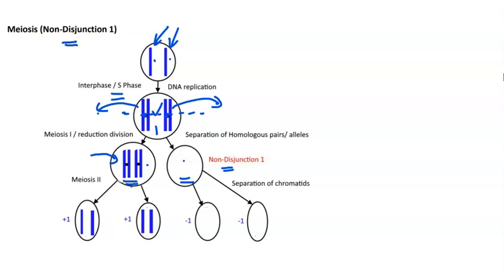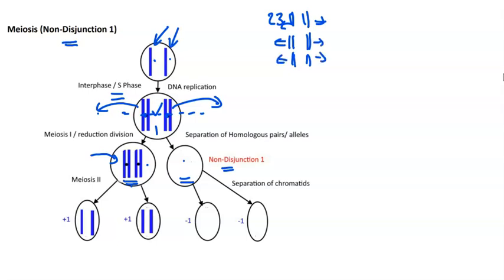Now, it's worth hesitating at this point to remember that, of course, in meiosis, we're not looking at the separation of one homologous pair, but all of the homologous pairs. So within a human context, there would be 23 such homologous pairs, like so, and they would be replicated like so and separated in meiosis 1 like this.